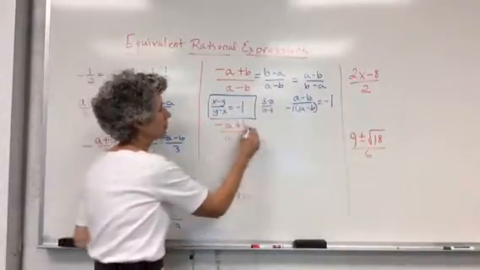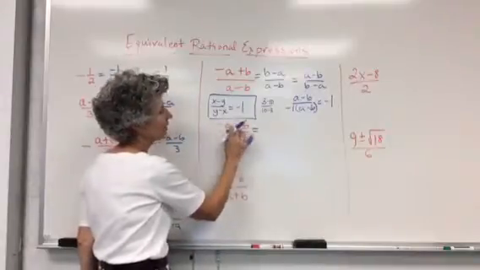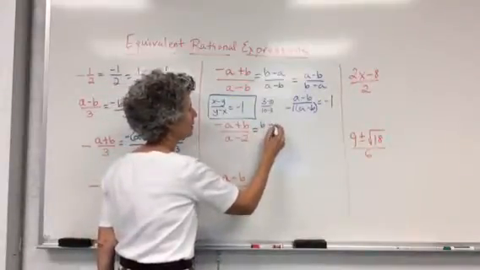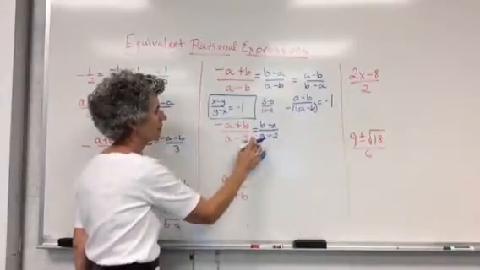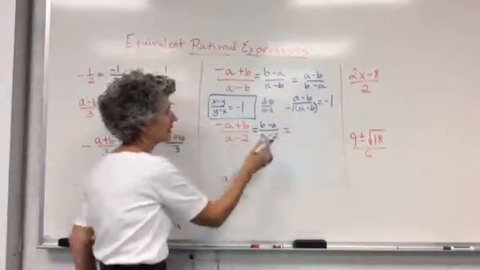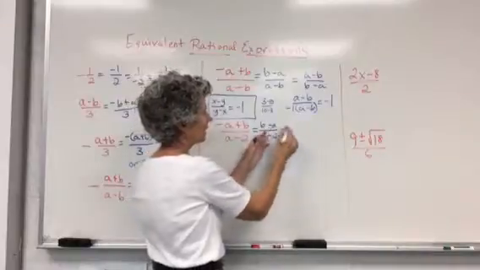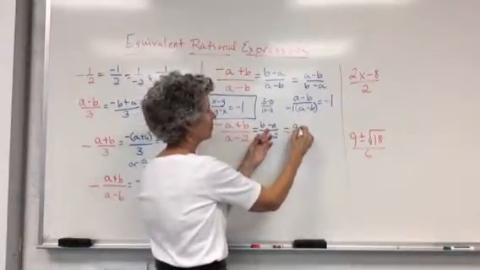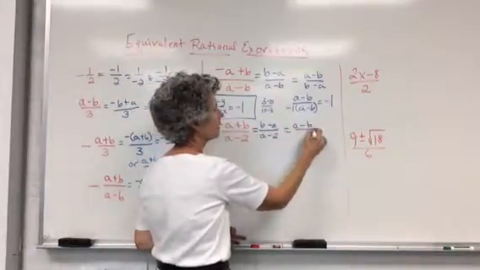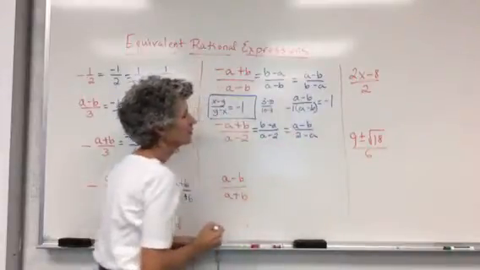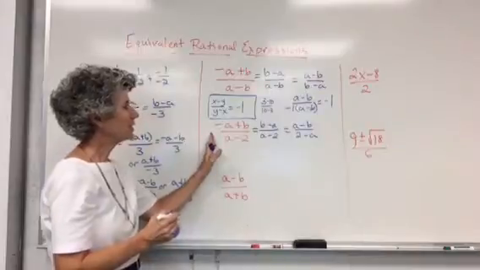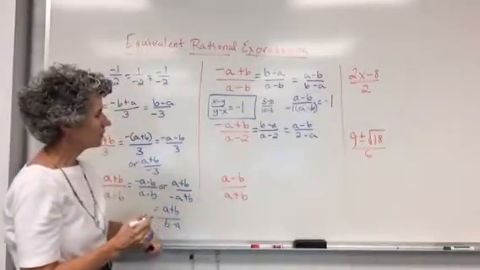Let's see how else we could write this one. Again, the a is negative, the b is positive. So I could write b minus a over a minus 2. Don't touch those a's. Or I could deal with my negatives. Take a negative out of the numerator, so the a becomes positive, the b becomes negative. The 2 becomes positive, the a becomes negative. Same expression as this, just a negative taken out of each one.